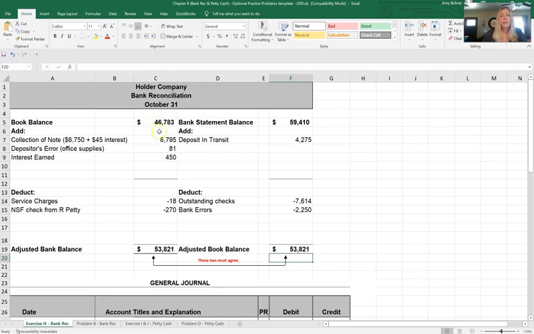So if we prepare financial statements before we prepare a bank reconciliation, our cash account could be incorrect on our balance sheet. So you have to make sure that you do your bank reconciliation first before you prepare your financial statements, because if we had prepared our financial statements first, we would show our cash balance as this, but really it should be this, and that could be considered fraud if that is a significant amount of difference there.